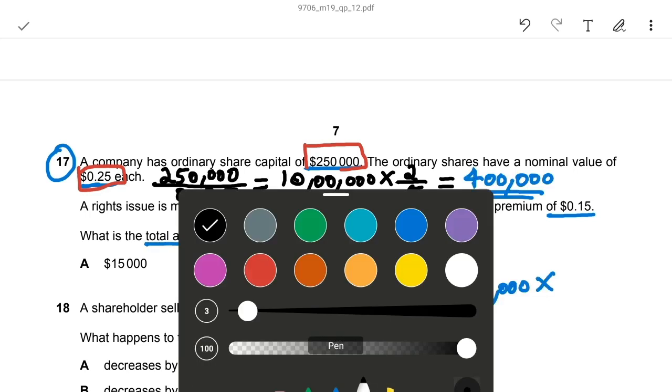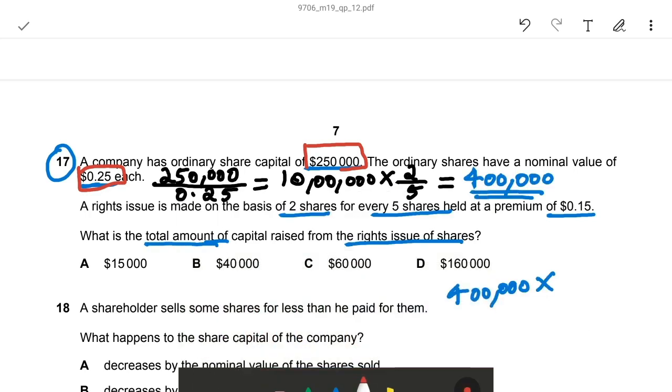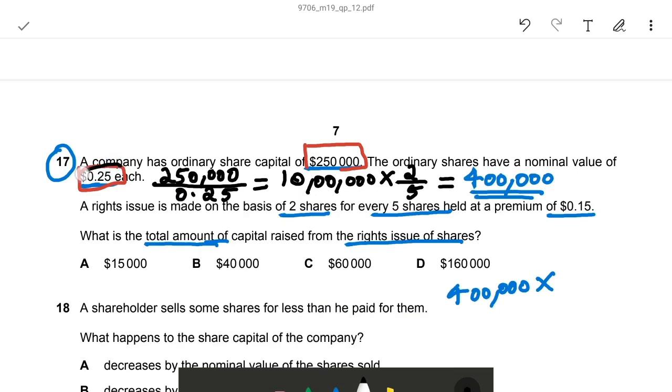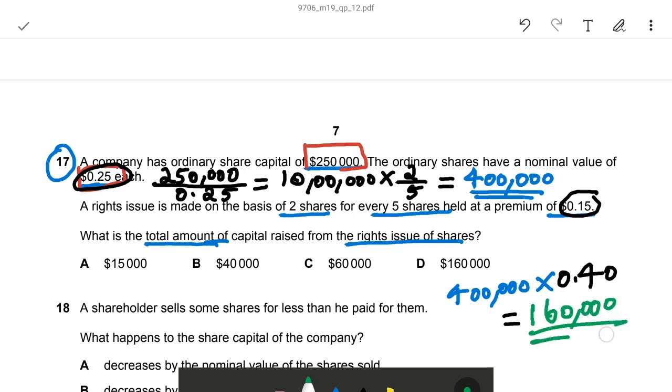Price is 0.25 plus 0.15, that is 0.40. The rights issue is at a premium. So what is the total amount of capital? Amount of capital is 160,000. So the correct answer is D.